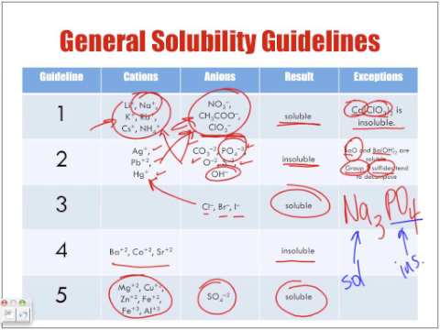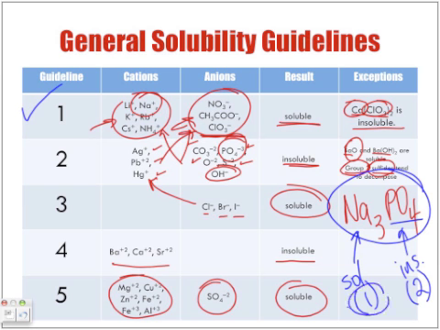Now, which guideline do they follow? Na follows guideline number 1. Phosphate follows guideline number 2. Because guideline number 1 is higher, technically this is considered soluble. So we always follow whichever guideline is the highest within our compound.